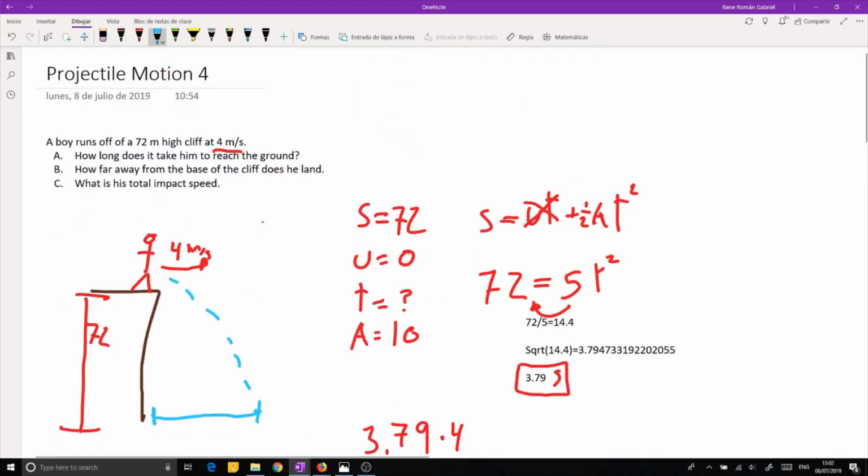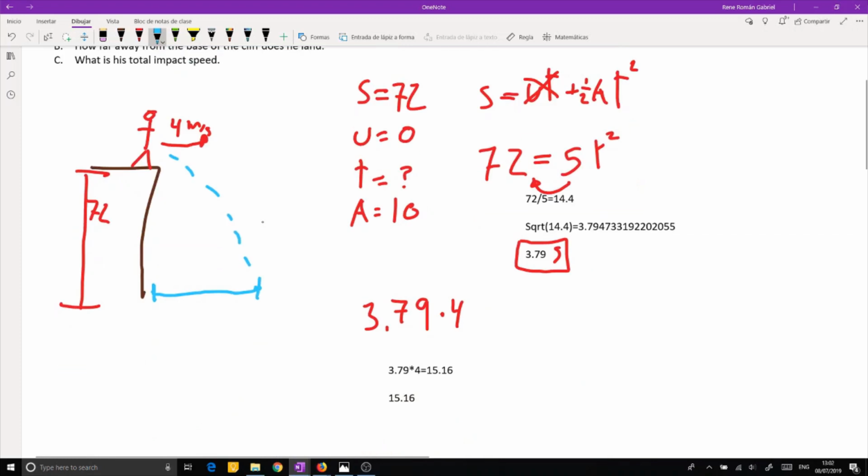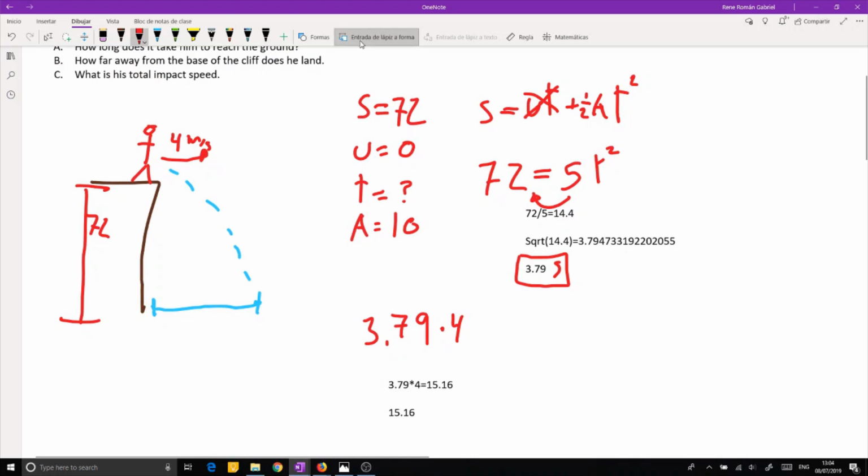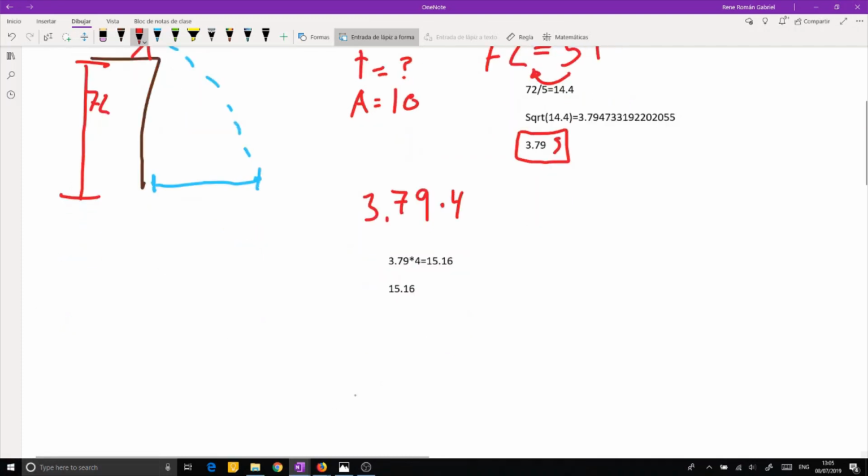Now they ask us, what is his total impact speed? So what we'll do is get our speeds, horizontal and vertical.